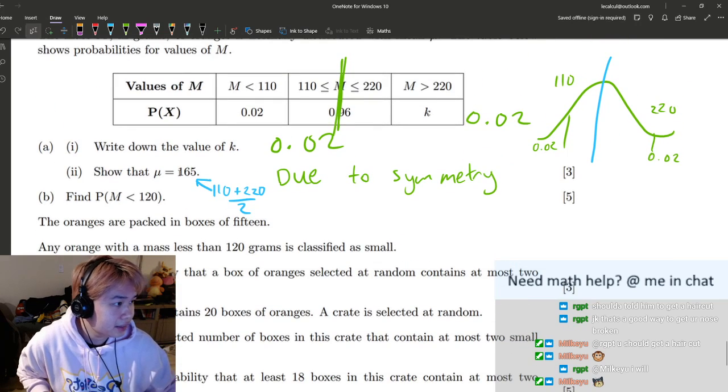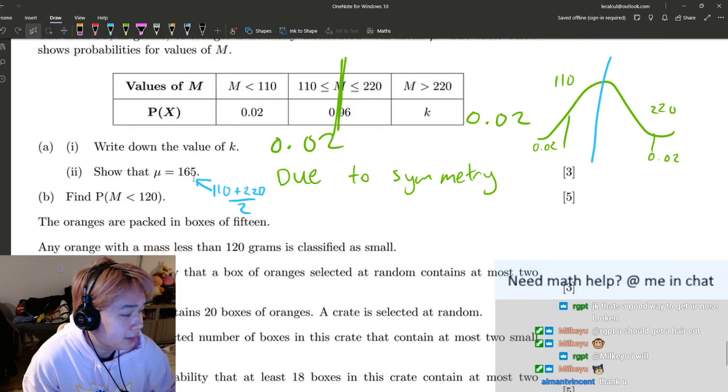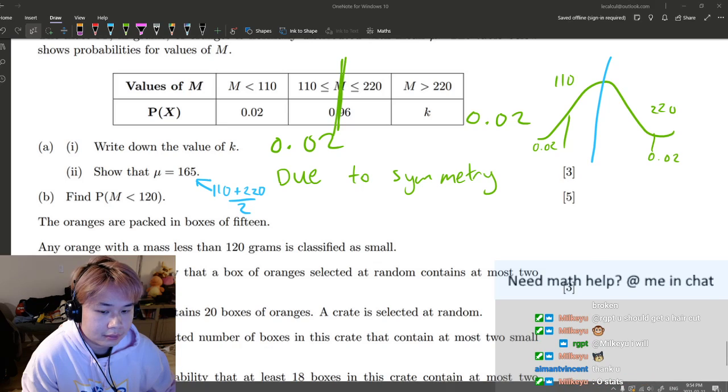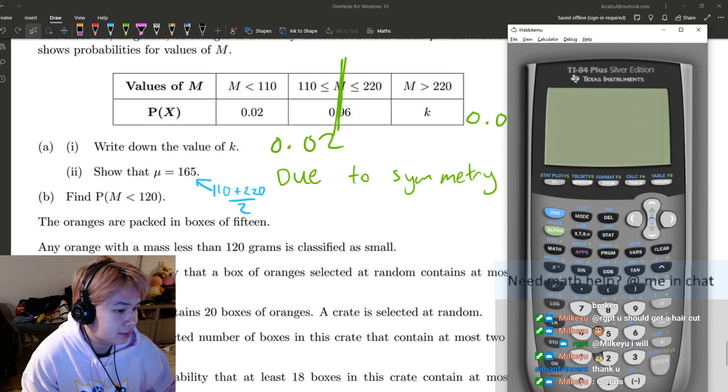Okay, so mean right here. Then we can find the probability that your mass is less than 120. Let's see. Because, well, we have a graphing calculator.